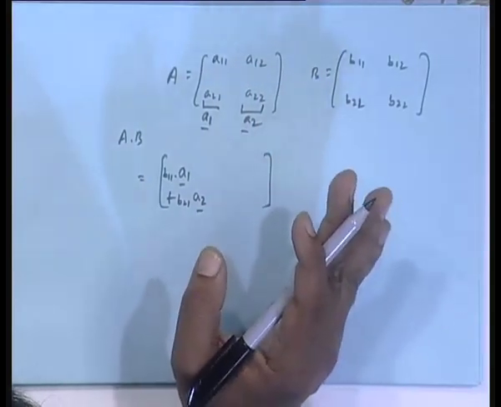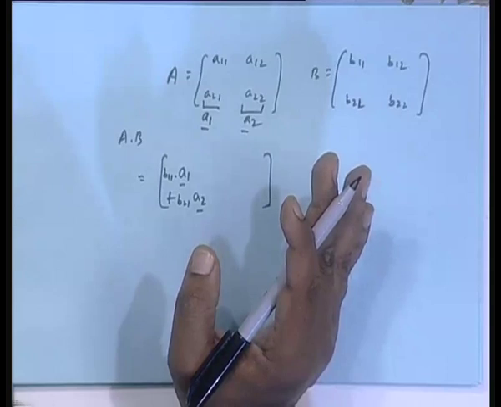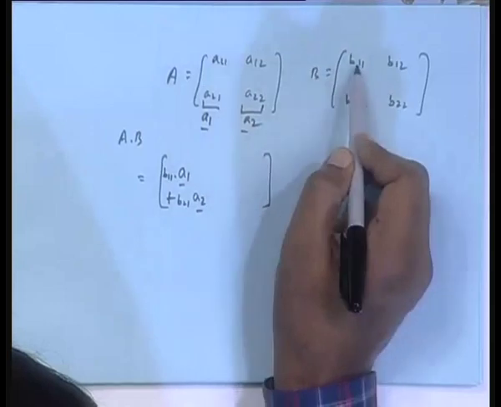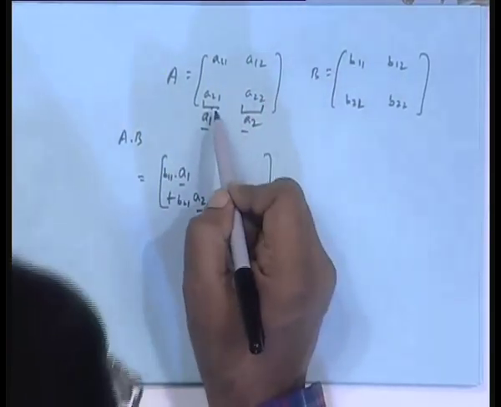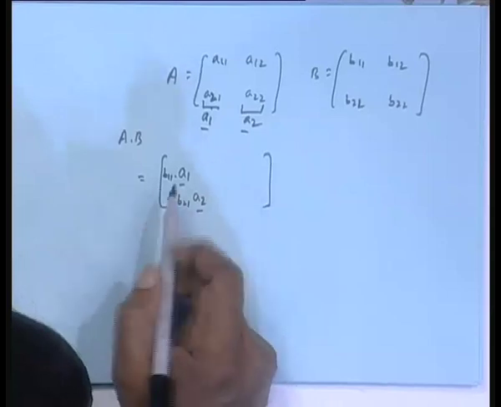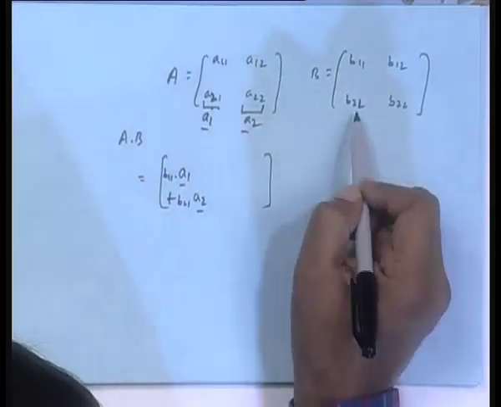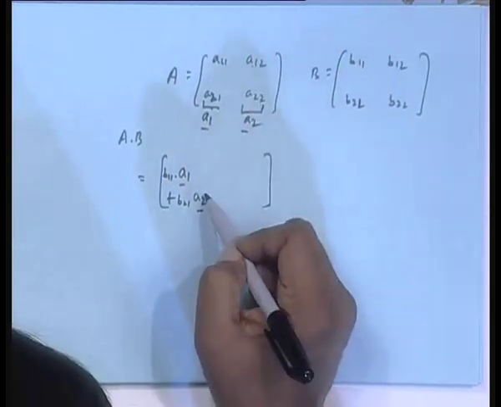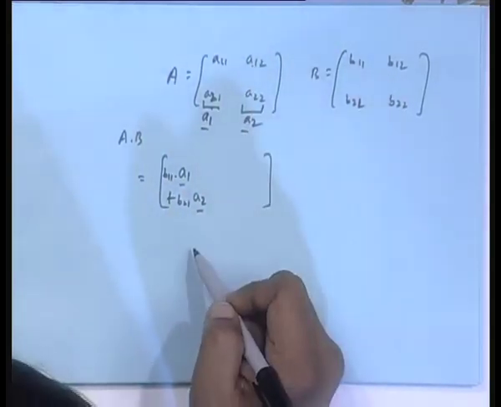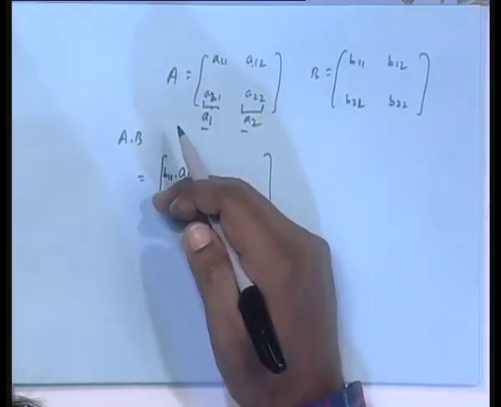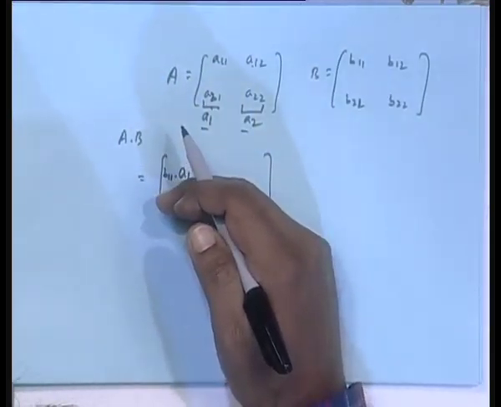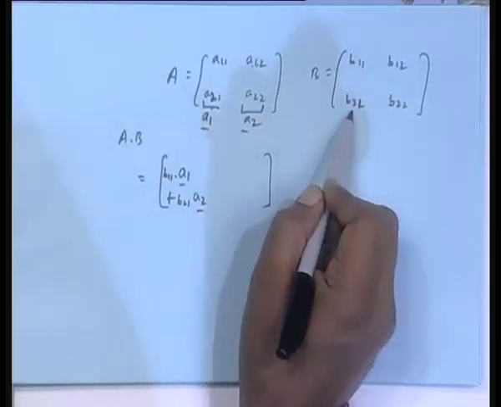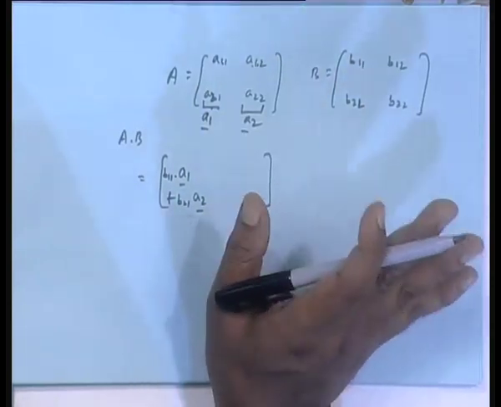Can everybody see that? B11 times this column vector: first element A11 B11, then A21 B11, and then the second column times B21: A12 B21 on top, A22 B21, and you are adding. So, you get back A11 B11 plus A12 B21. Are you convinced or not?